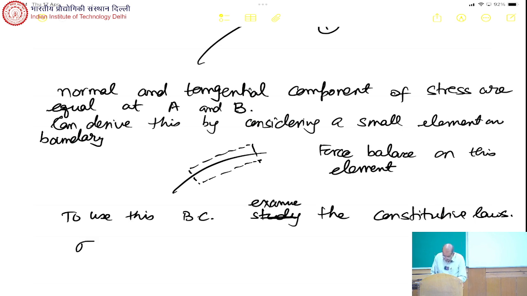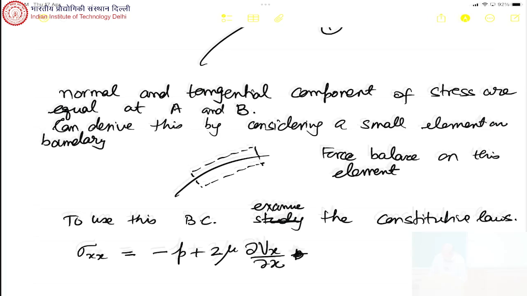For example, we get sigma xx is equal to minus p plus 2 mu... now this I have copied from the handout. I don't remember this. I don't expect you to remember this. So I get sigma xx is equal to this.